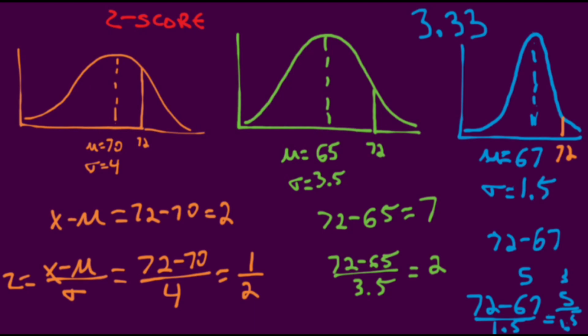One last thing to talk about with the z-score is that these can be negative. Notice with deviations here, we're not squaring these deviations like we did when we were building the standard deviation. There is no squaring here. So if we're talking about a value anything less than the mean, it's going to come up as negative.